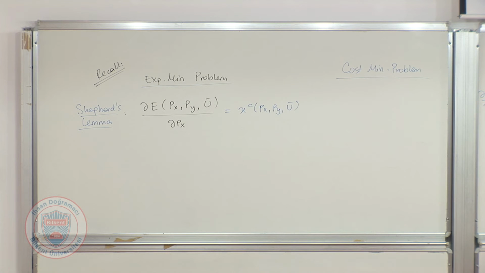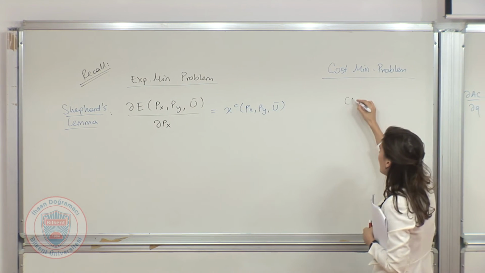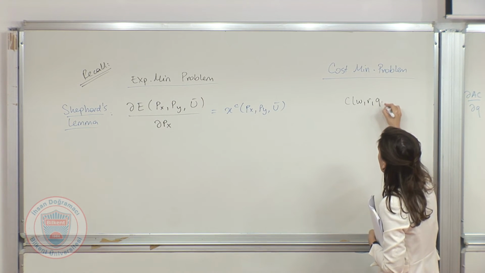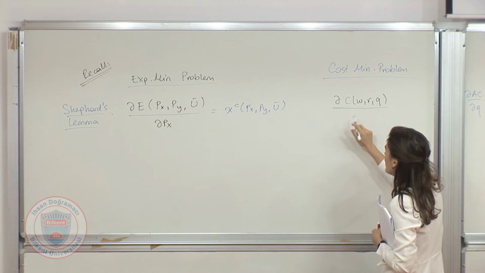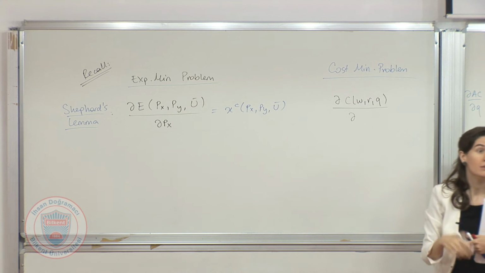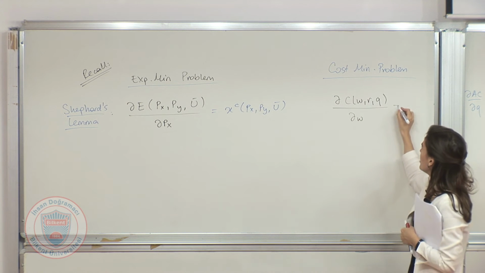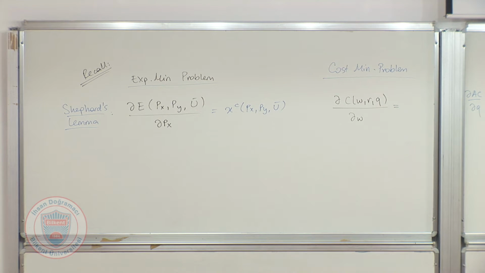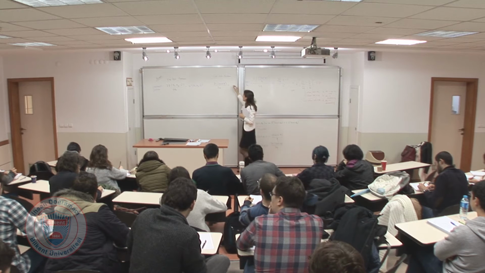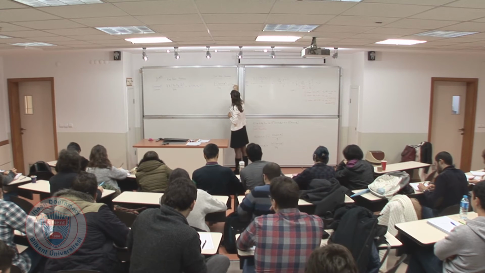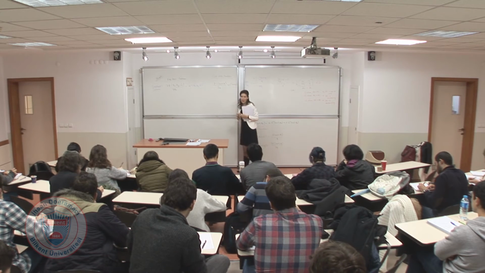The cost function, C(wage, R, Q). Take the derivative of the cost function with respect to wage. This is going to give you LC, the conditional input demand, a function of wage, R, Q.